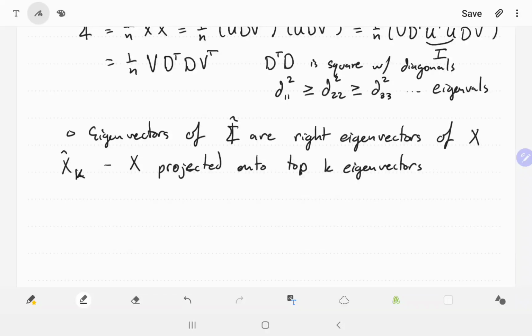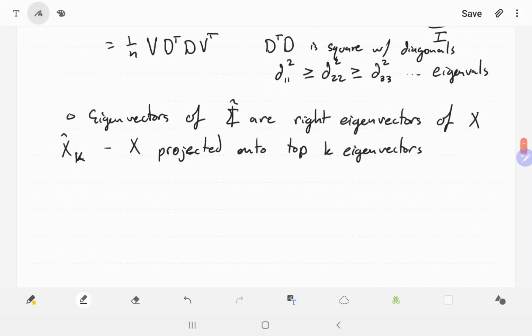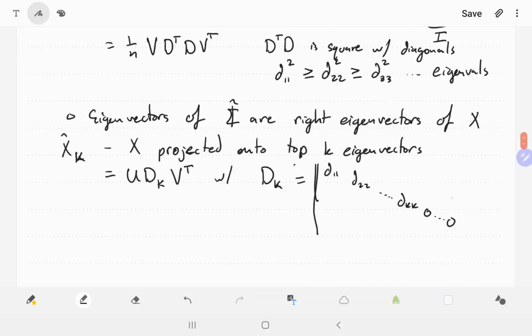Okay, so there's a number of ways we can express this, but let's just think about it using the way that we expressed it in one of our homeworks. We have this U d sub k v transpose. This is one way to write it, where d sub k is just the diagonals zeroed out for all but the top k diagonal entries: d11, d22, and so on until we get to dkk, and then zeros otherwise.